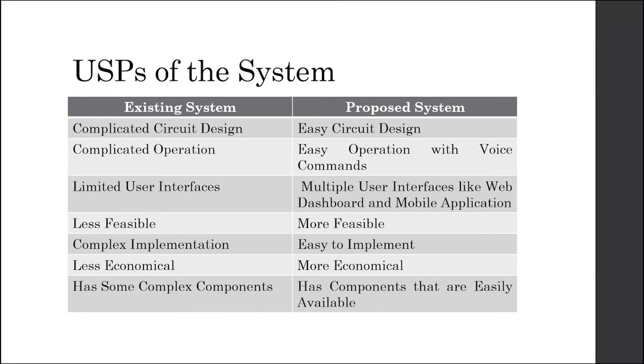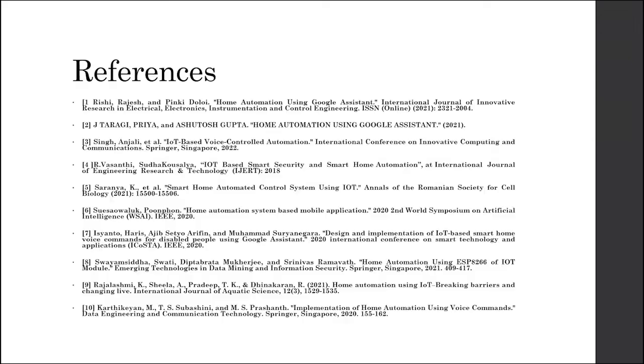So it is less complex to implement. Also, the existing system is very expensive, which is tough for middle class and poor people to afford, and a housekeeper for small purposes like this is also hard to afford.